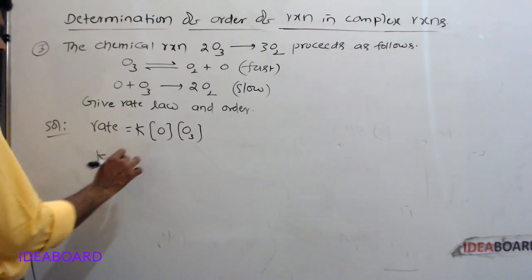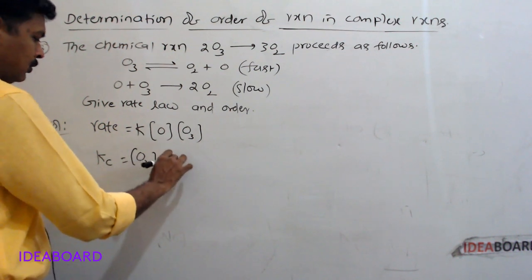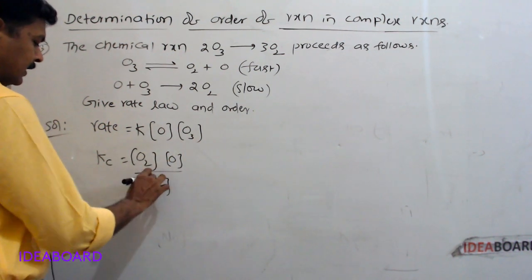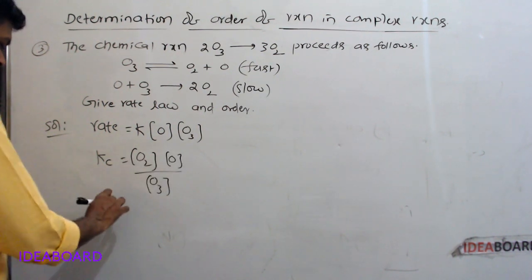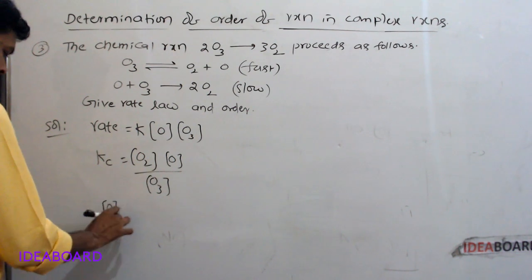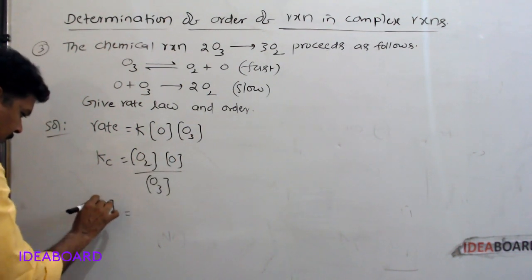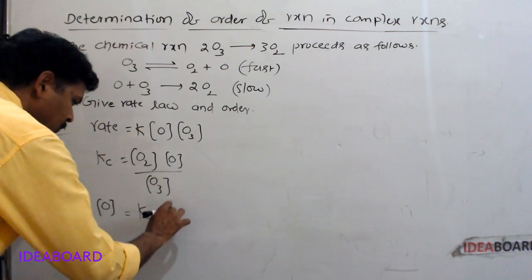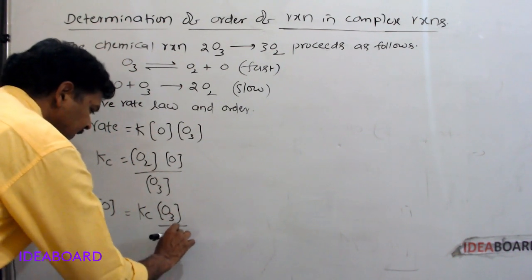Equilibrium constant Kc is equal to O2 concentration into O concentration divided by O3 concentration. From this, O concentration is equal to Kc into O3 concentration divided by O2 concentration.